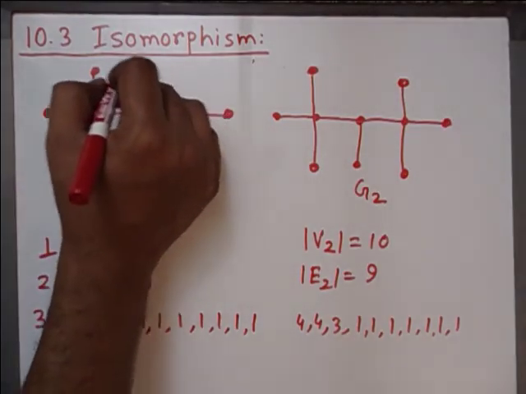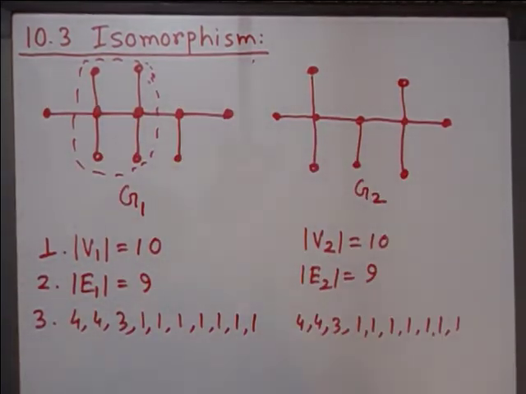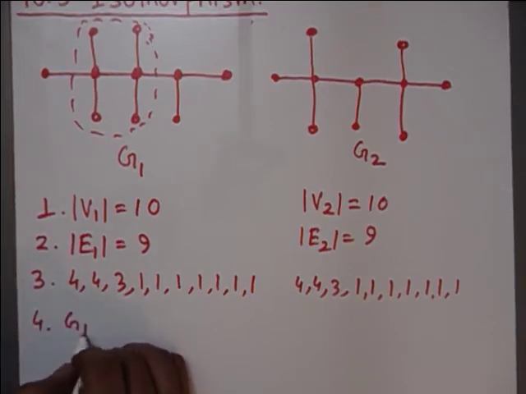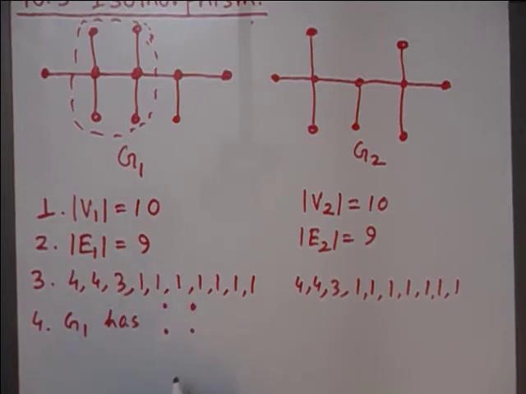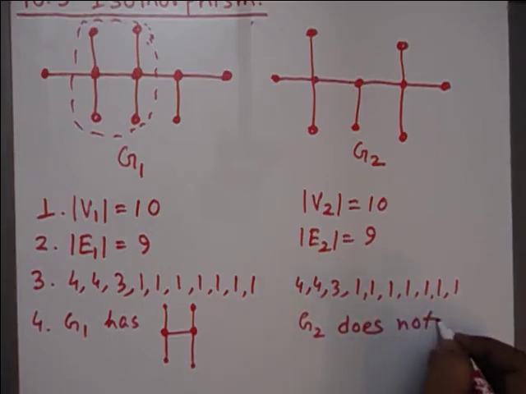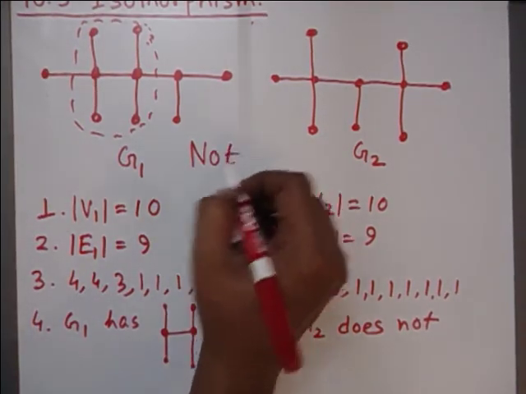Now G1 has this H-looking subgraph. G2 does not. So what's the verdict? Not isomorphic.